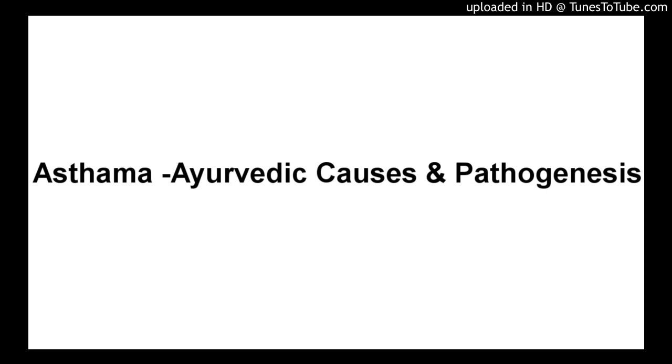Then in Charak Chikitsasthan chapter number 17, different causes are mentioned regarding Shwasa Vyadhi, Tamak Shwasa, as well as Pranavah Sroto Dushti. I am going to revise those causes and translate them. This is like a checklist.